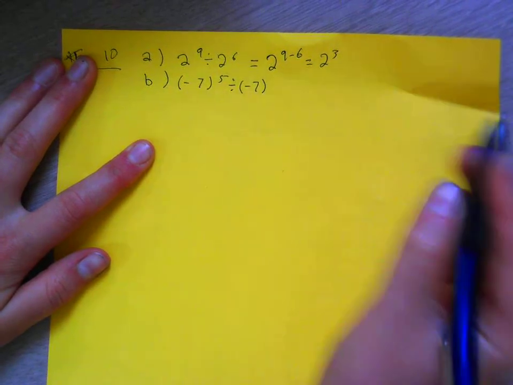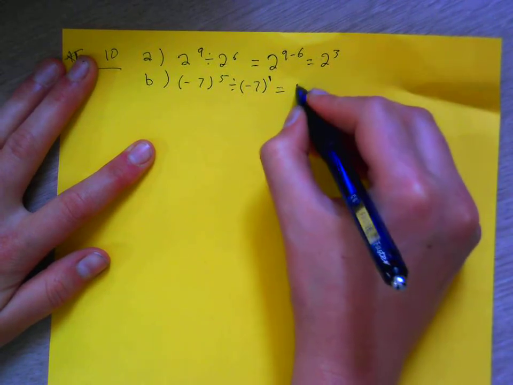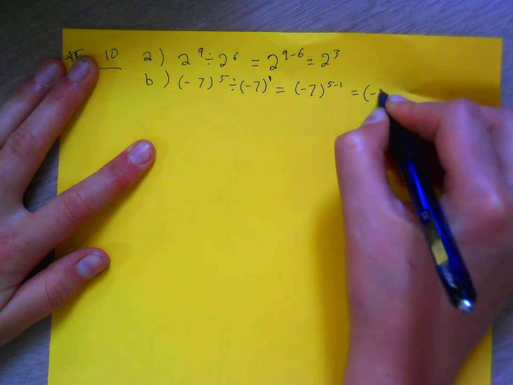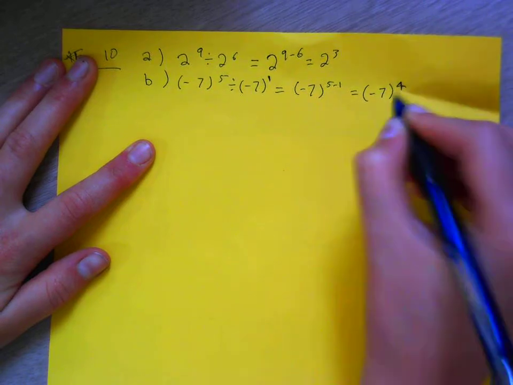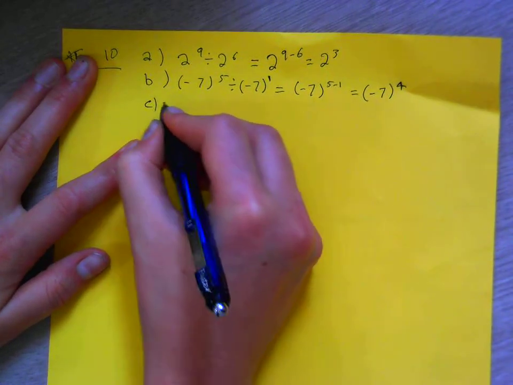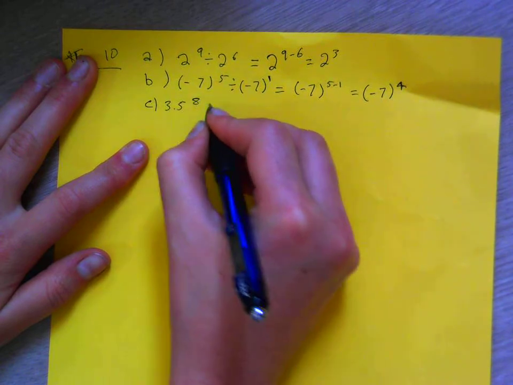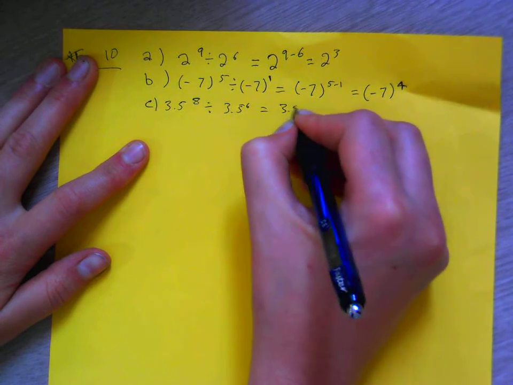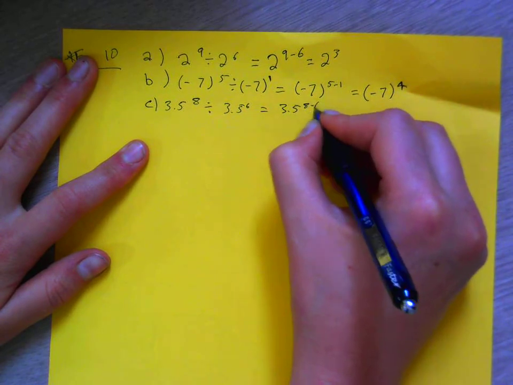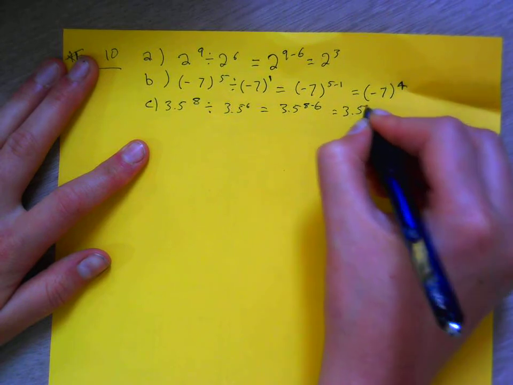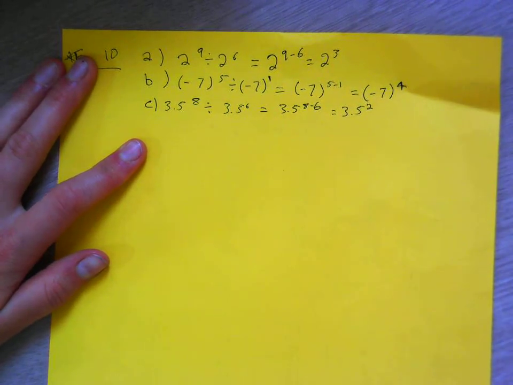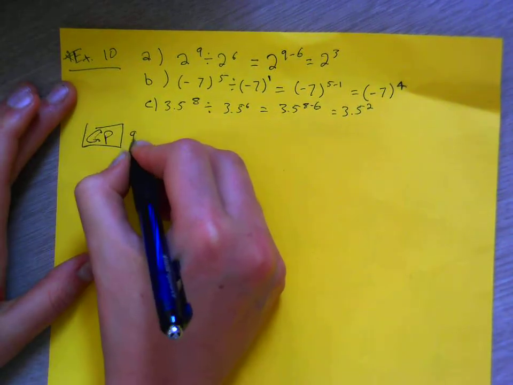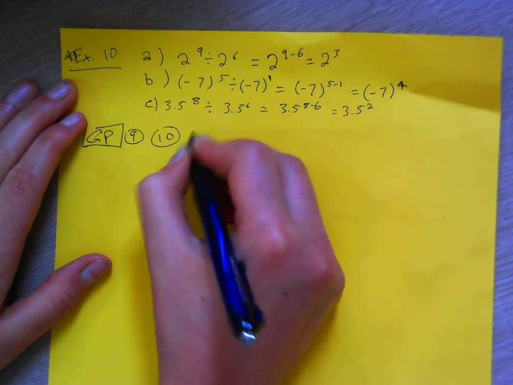Remember, negative 7 has an implied exponent of 1, which means it will be negative 7 to the 5 minus 1, which equals negative 7 to the 4th. Let's try C. 3.5 to the power of 8 divided by 3.5 to the power of 6 equals 3.5 to the 8 minus 6, which equals 3.5 to the power of 2. We can see how this works out. Go ahead and try guided practice 9, 10, and 11.